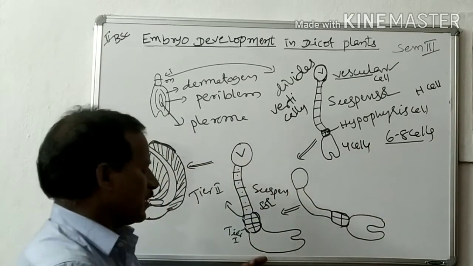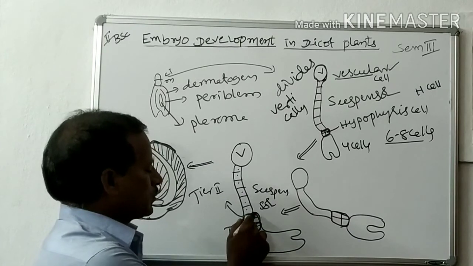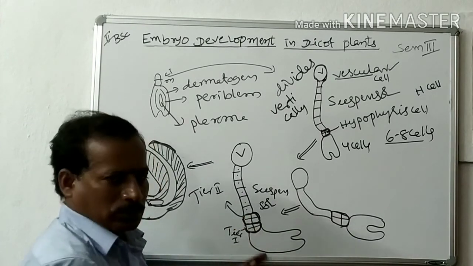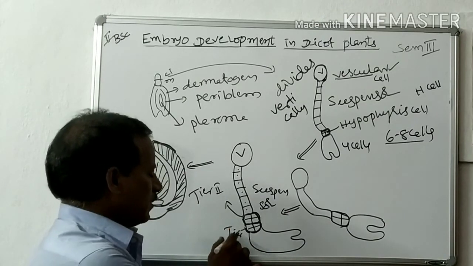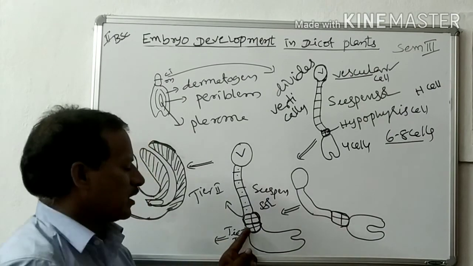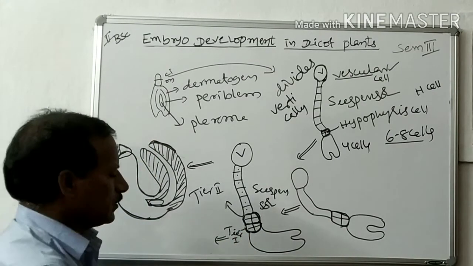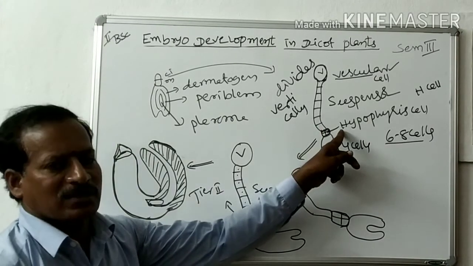These 4 cells again divide and give rise to 8 cells in 2 tiers, tier 1 and tier 2. These are the cells coming from the hypophysis cell.